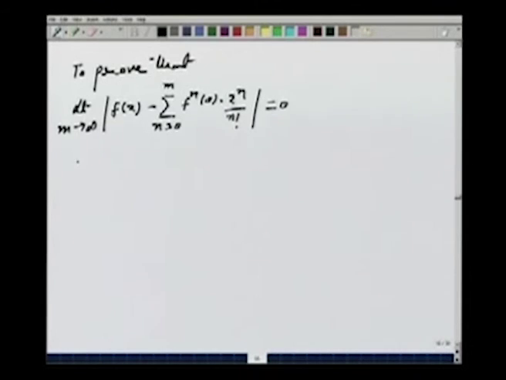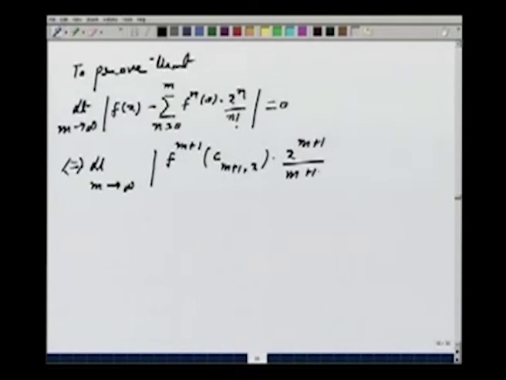That is, in other words, you have to prove that limit m going to infinity modulus of f^(m+1) at c_(m+1,x) times x to the power m plus 1 divided by (m+1) factorial, by using Taylor's theorem, is equal to 0.